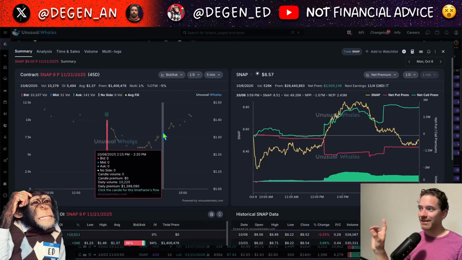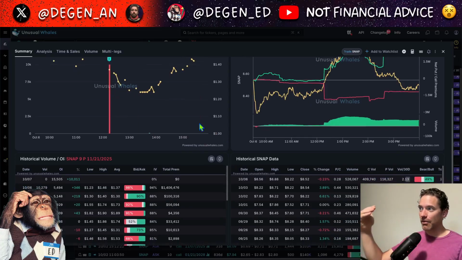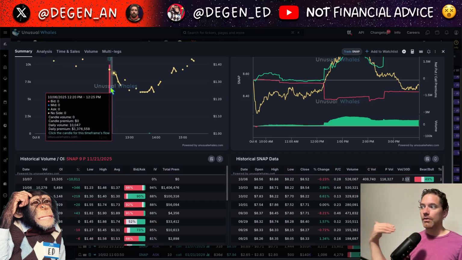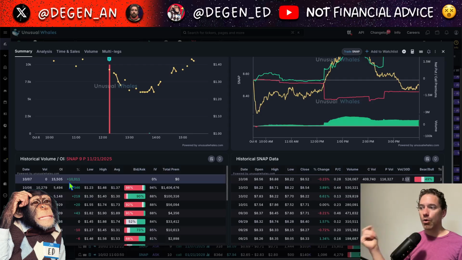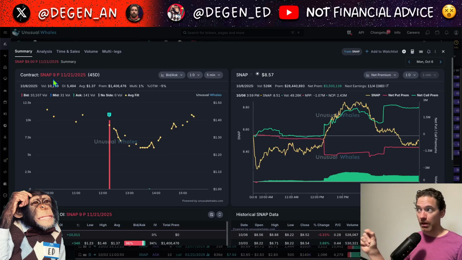However, looking at the data here, this is stuff I'm just kind of realizing as I think through this, that with this being on the bid side, this could actually be the opening of a position, selling to open cash secured puts. So they could actually be betting that price is going to be above $9 by November 21st.